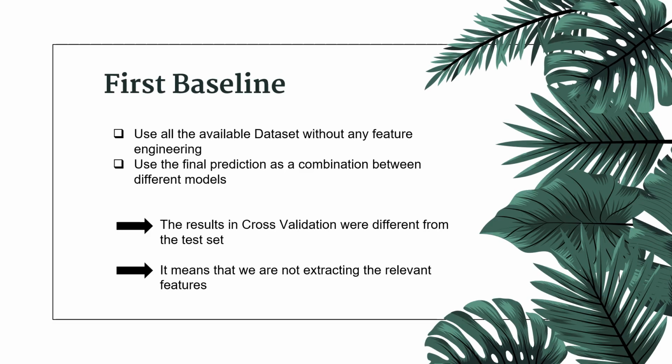My first approach was a simple one that used all the available data without any feature engineering, and we used the final prediction as a combination of different models. The results were different between cross-validation and the test score, which supported what we suggested before about the noisy data and distributional shift.